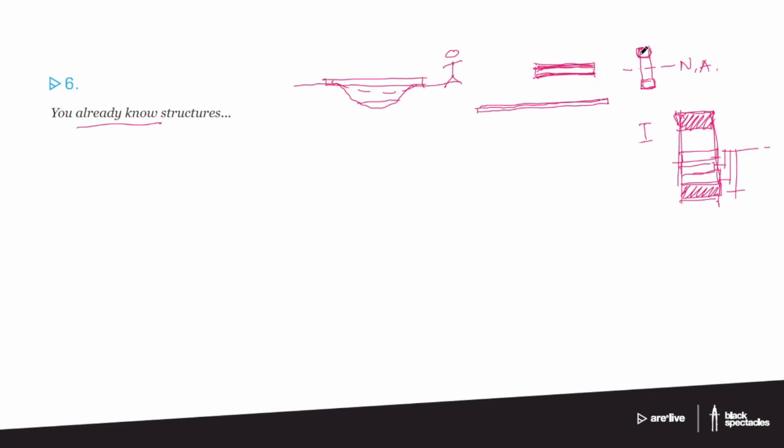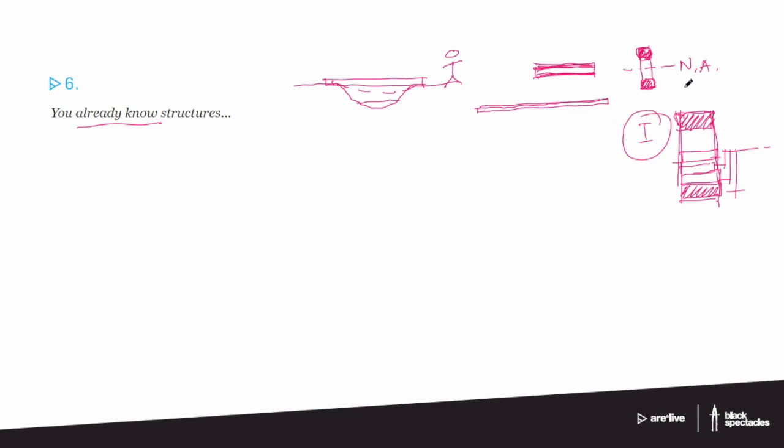But in this one, we have a whole bunch of material far from the neutral axis, and it's farther from the neutral axis than this other one was. So we knew that if we laid it flat, it was going to bend a lot. We knew if we laid it upright, it was going to be much stiffer. We already knew that, and in fact, that's all that the moment of inertia is telling us, right? It's already stuff you know.